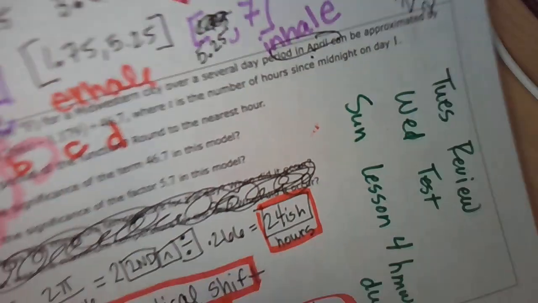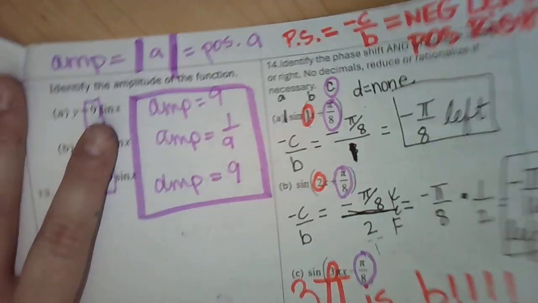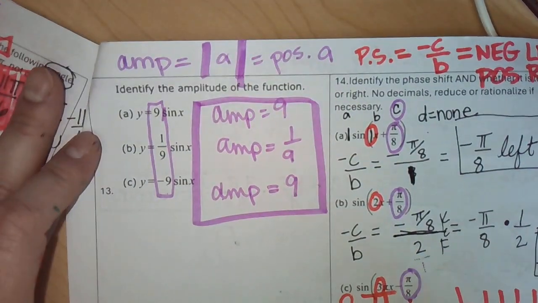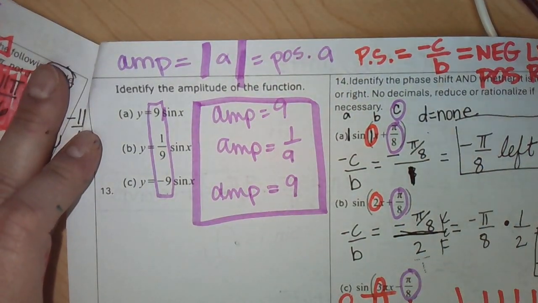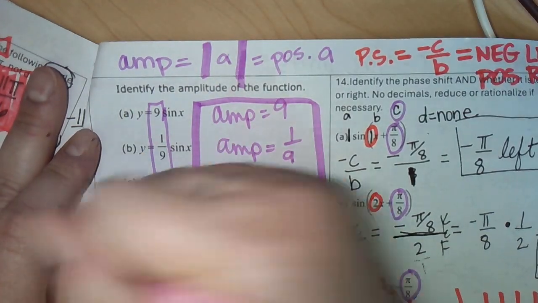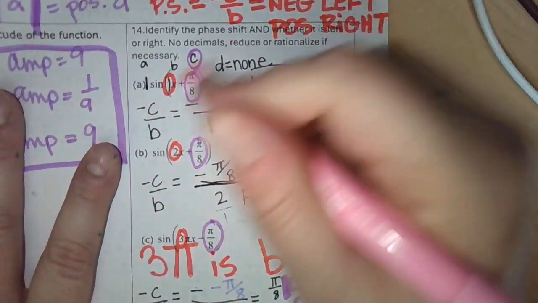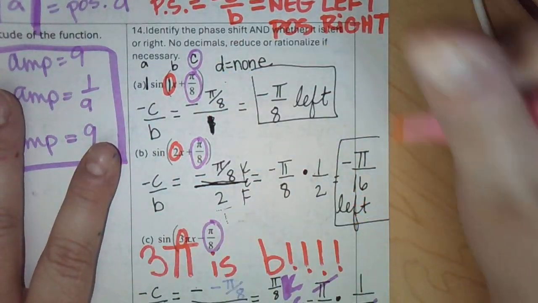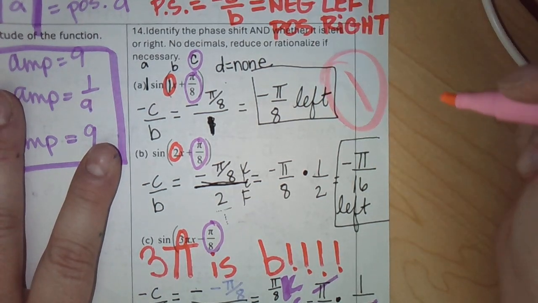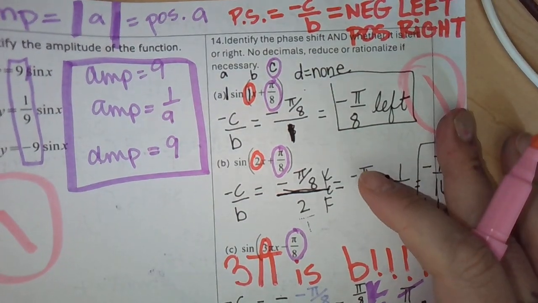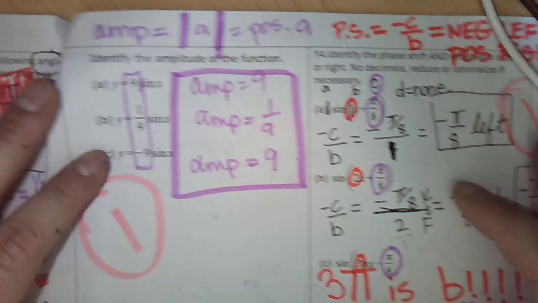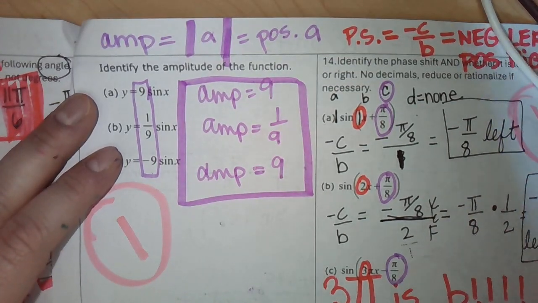Anything is everything. And then also on these questions with more than one piece, like this amplitude, I'm not going to give you 3 of those. That's lame. I'll just give you 1. On 14, I'm not going to give you 3 of those. I'll just give you 1. You get the point? Okay. And then easy stuff will be worth small amounts of points.